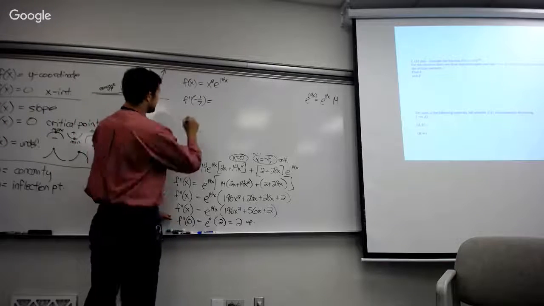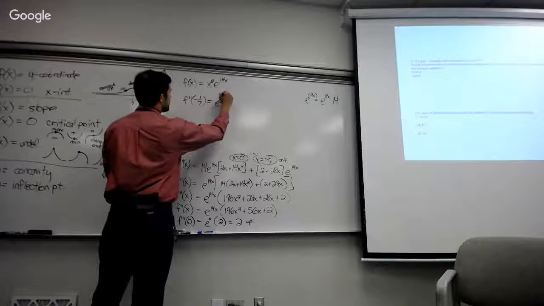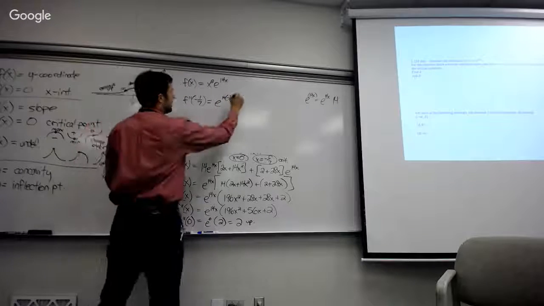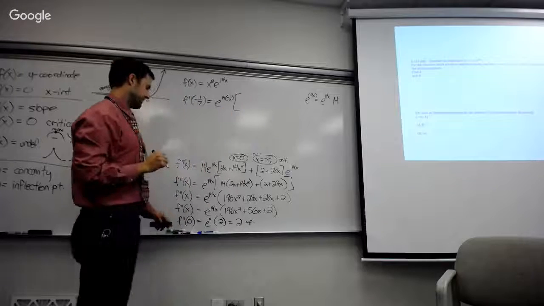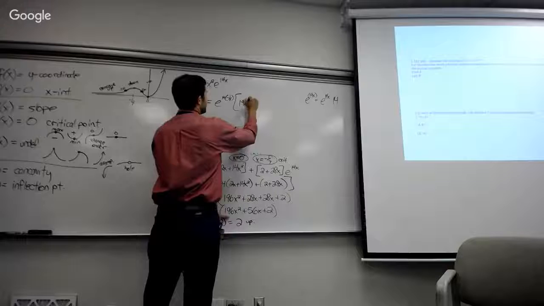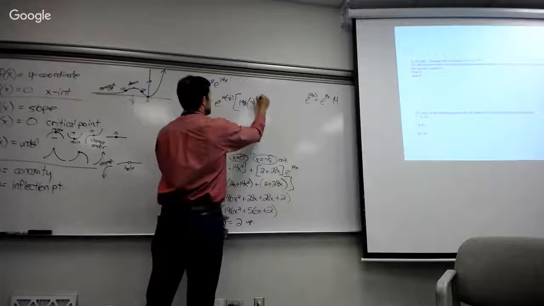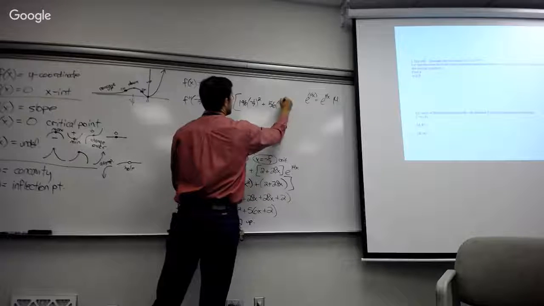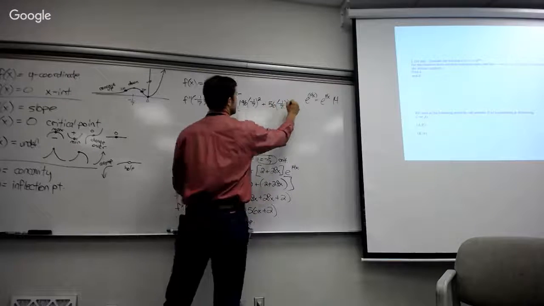So if I plug in -1/7, that's e to the 14 times -1/7, all times 196 times -1/7 squared. And then plus 56 times -1/7. And then plus 2.